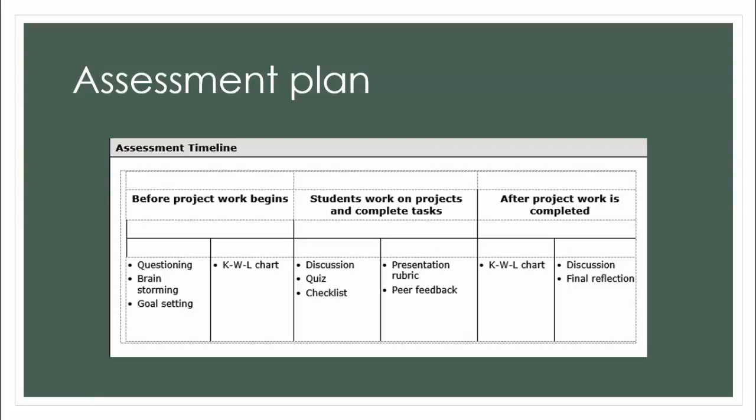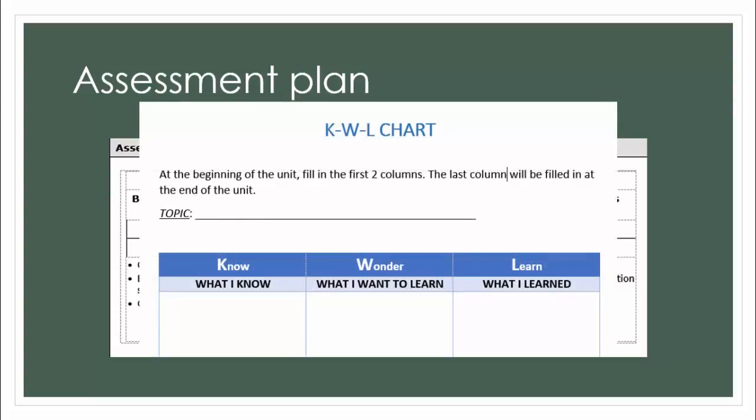They will all be recorded in the KWL chart. So they will write what they know in this column, what they want to learn in this column, and at the end of the unit, they will write what they have learned in the last column.